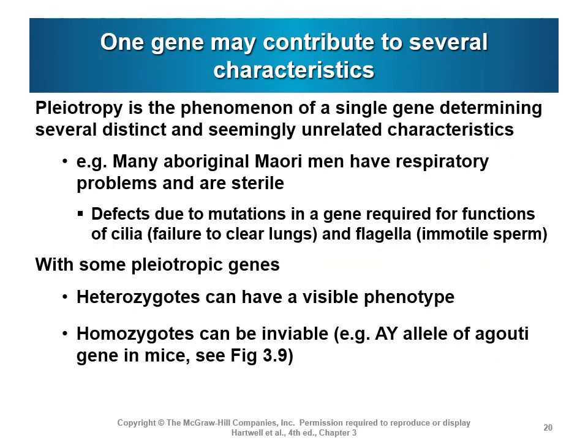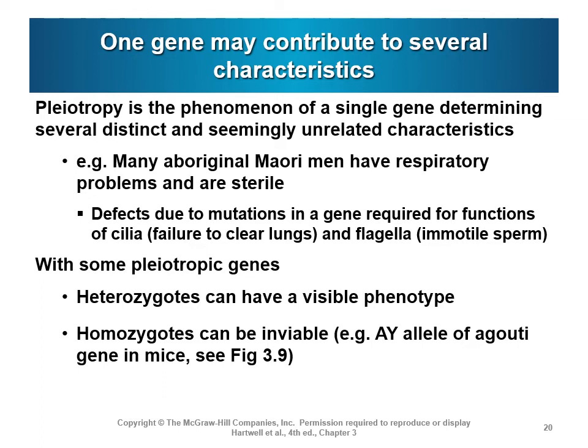One gene can also contribute to several characteristics. We have already introduced the term pleiotropy, which is the phenomenon of a single gene determining several distinct and seemingly unrelated characteristics. For example, many Aboriginal Maori men have respiratory problems and are sterile.